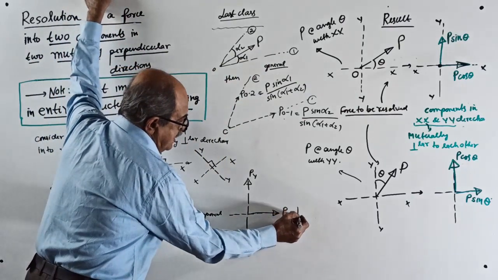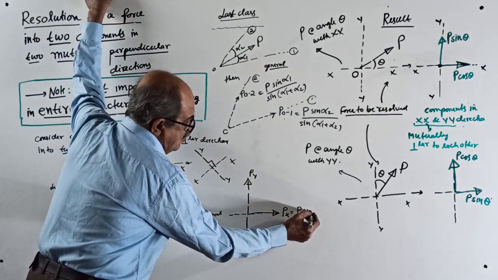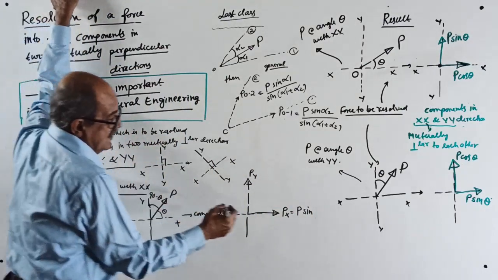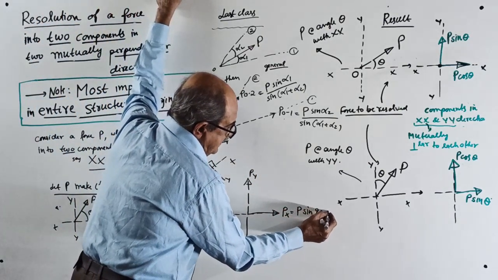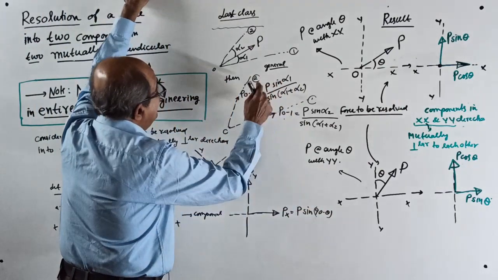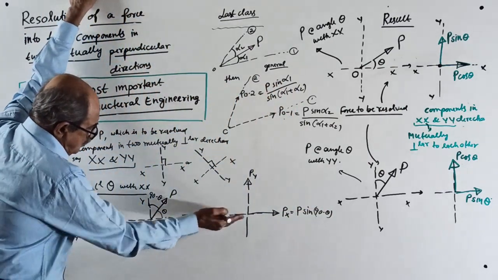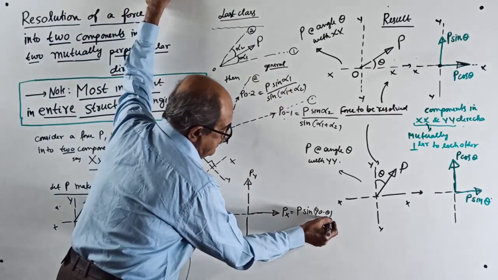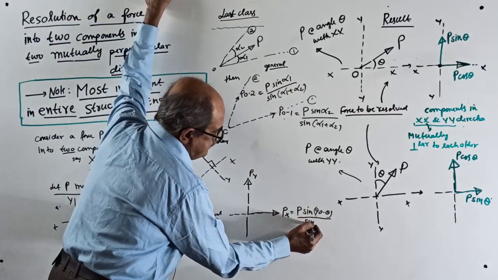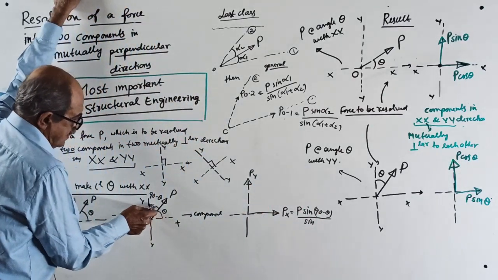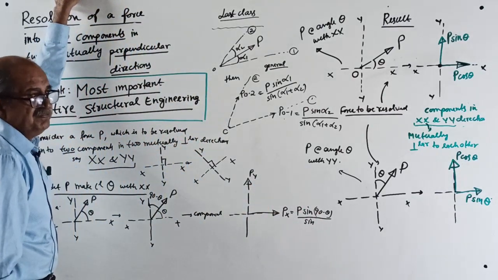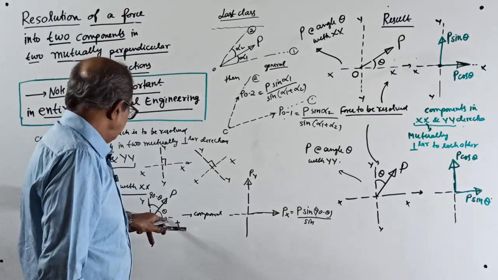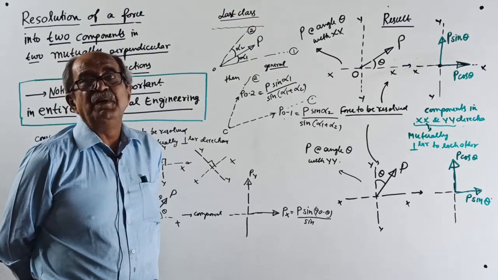It is force P into sine of the angle, sine of the other angle, sine of what? 90 minus theta. Why, I can't explain now. This component equals force P into, I want this component, sine of the other angle divided by sine of the sum of the two angles. Now, if I write the sum of the two angles as theta plus 90 minus theta, somebody will be laughing.